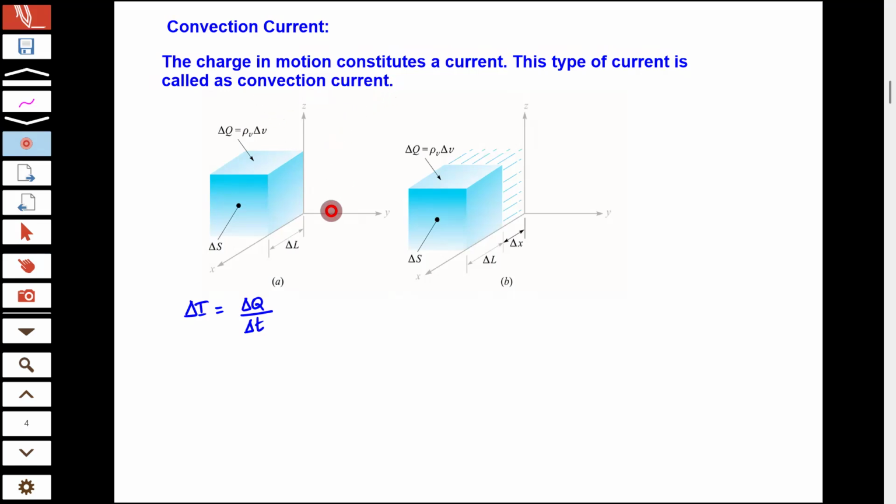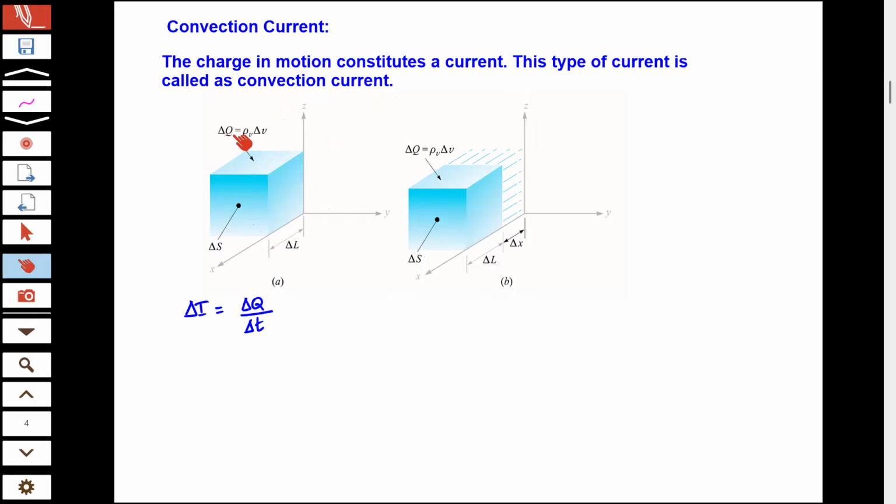We will do a small derivation to get the expression for convection current density. Considering here, a volume of charges is moving in the direction x. Let us consider this volume as del V. That particular del V volume carries the charge density of rho V. Rho V is the volume charge density of this volume.